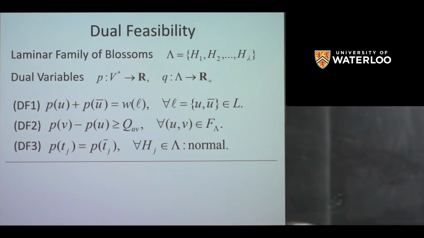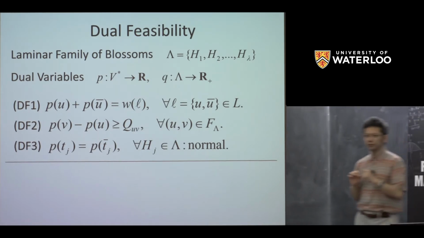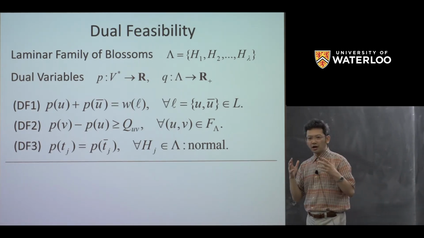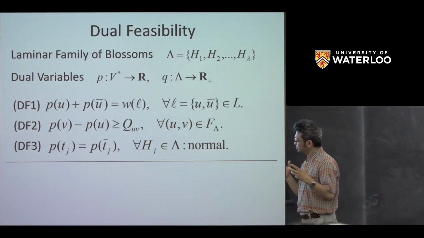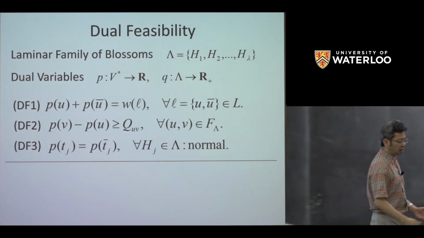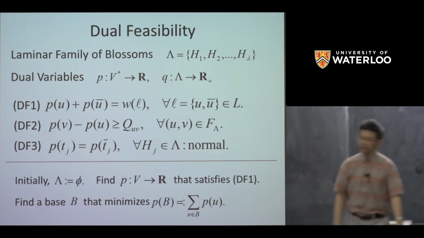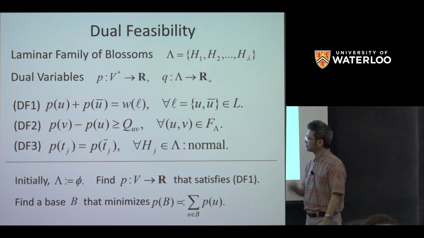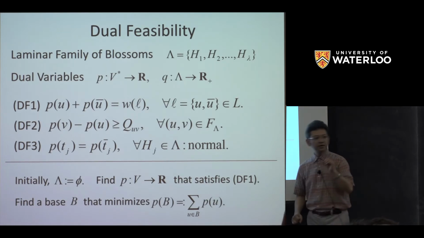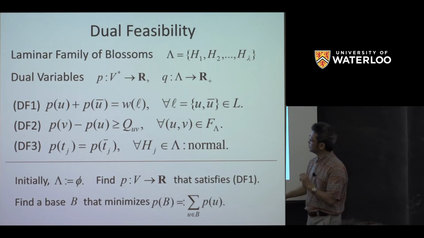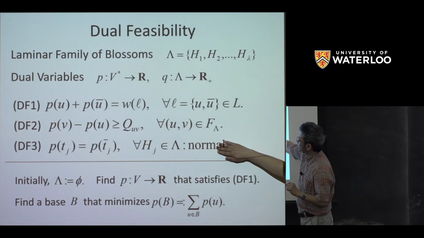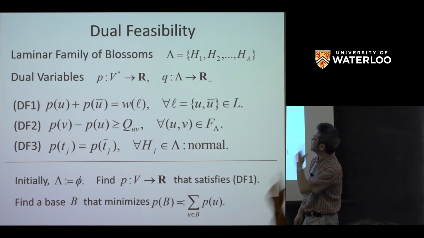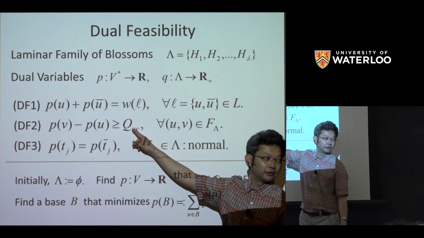Now, can we actually find this kind of potentials? Well, to start with, we will start the algorithm with an initialization where lambda is empty. If lambda is empty, we don't have to worry about that, and we don't have to worry about this as well.